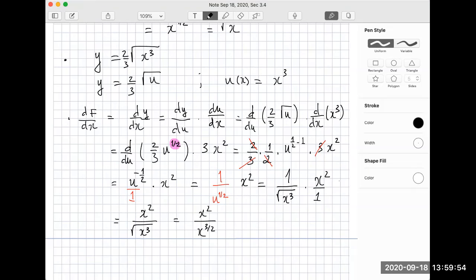This is a good way. So they have the same base, base x here. The quotient rule tells us that it would be the base to the difference of the two powers, 2 minus 3 over 2. Okay? Which is?